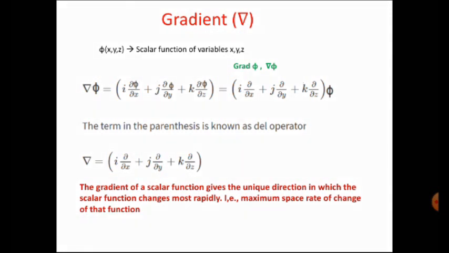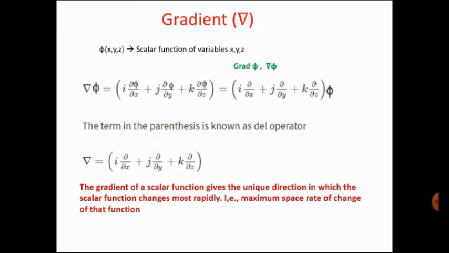If phi of x, y, z is a scalar function of variables x, y, z, the product of del with phi is known as the gradient of the scalar function phi and is abbreviated as grad phi.